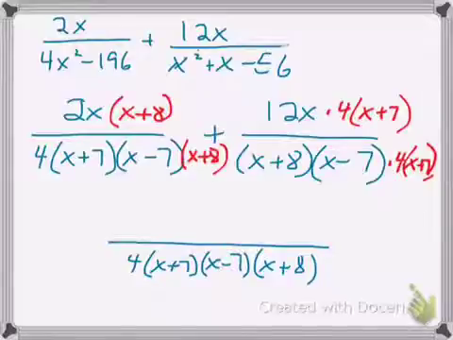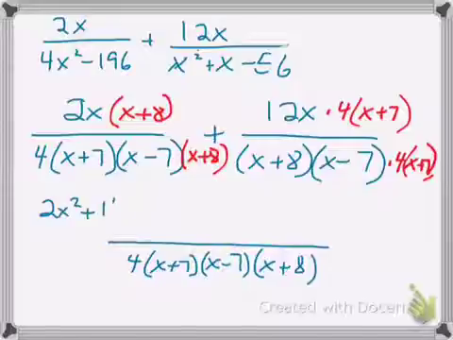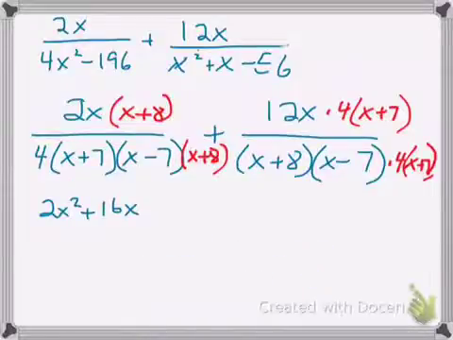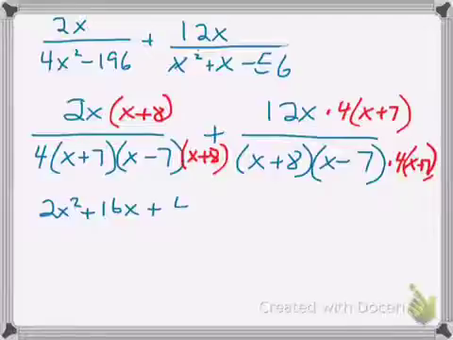Now, in the numerator, I am going to multiply that out: 2x squared plus 16x. I didn't give myself enough room. And then on the right side, I'm going to have 48x squared plus 48x times 7.